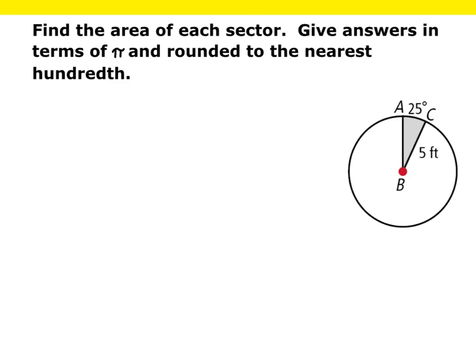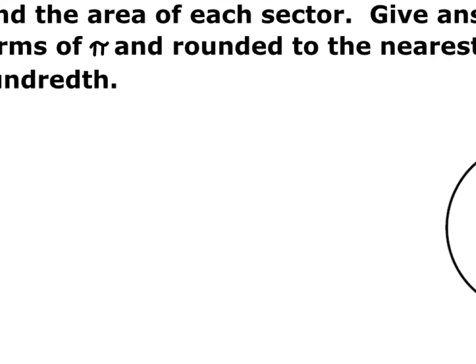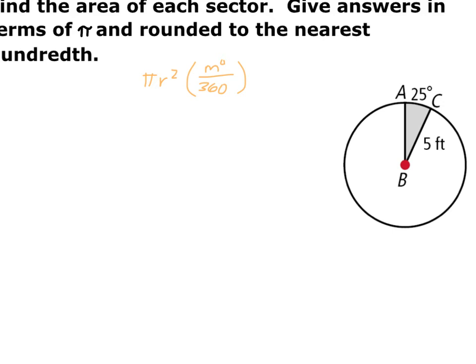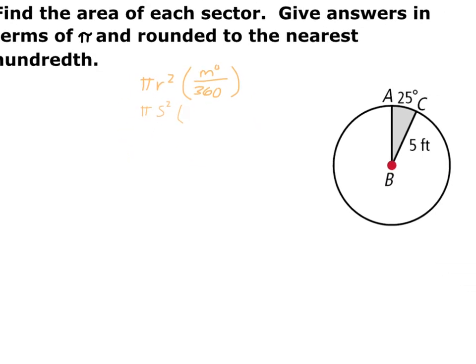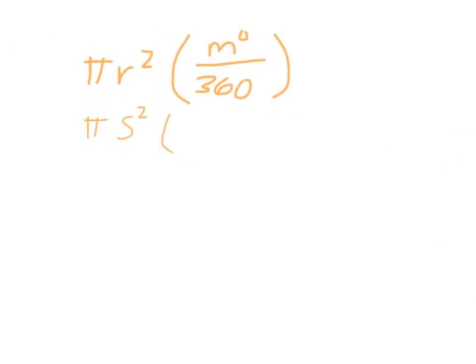So again, we need that formula, which is the area of the circle, so pi r squared times the measure of the arc degrees over 360. So our radius here is 5, so we have pi times 5 squared times our measure of our arc is 25 degrees.